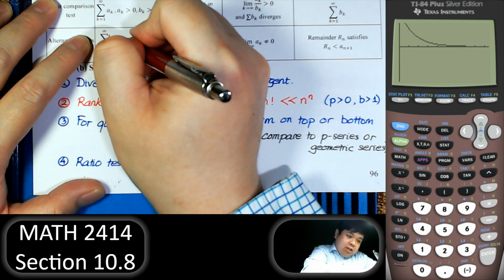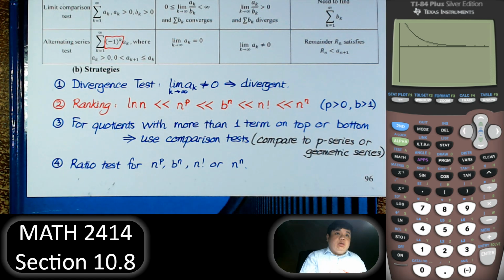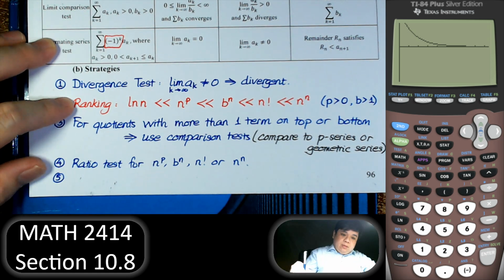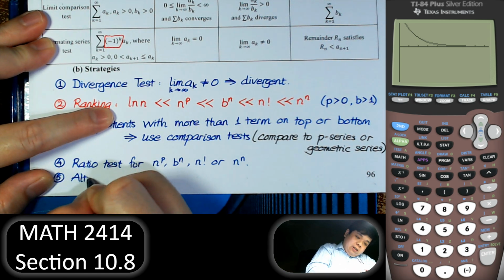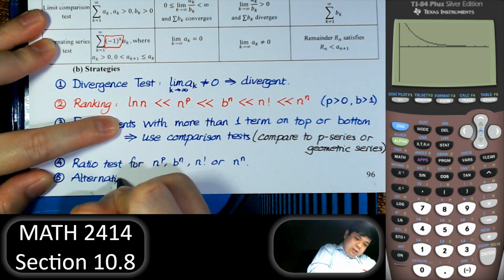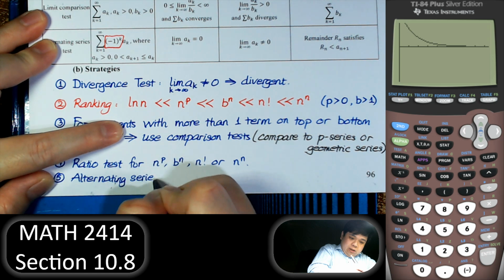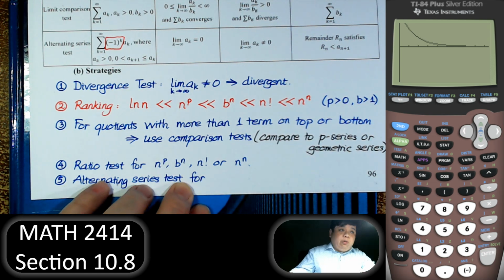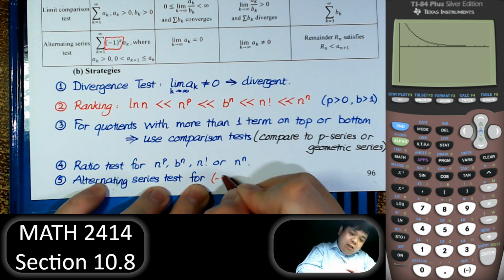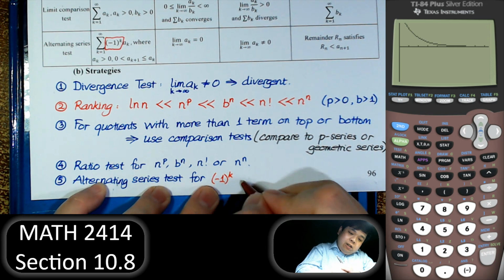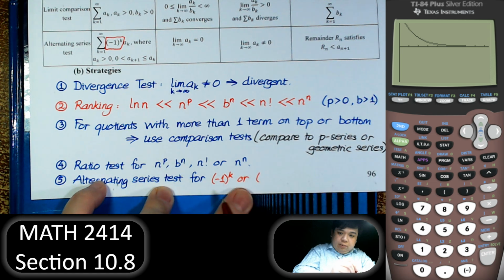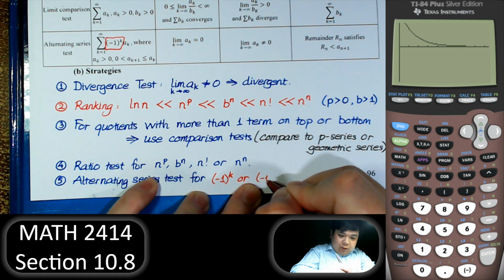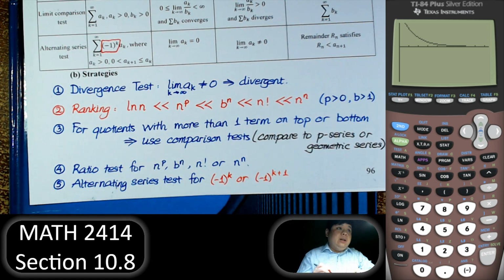When we see this or that, then that is the alternating series test.